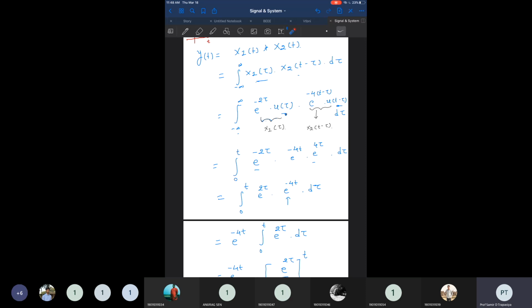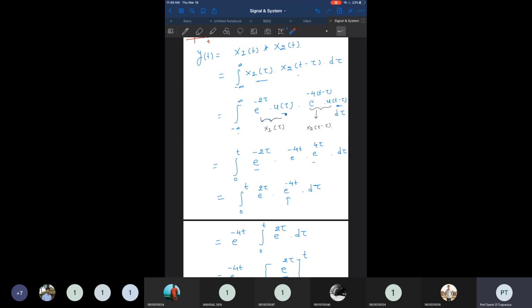This is the reason why the integration limits are not applicable for minus infinity to infinity, but are finally applicable from 0 to t, because outside of this region 0 to t, either u of tau would be 0 or u of t minus tau would be 0. In both cases, our final output will be 0, so that is not applicable.